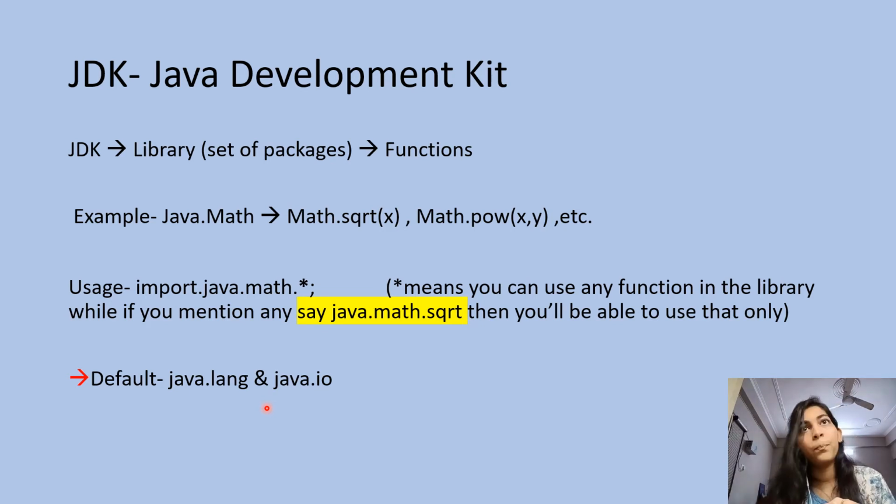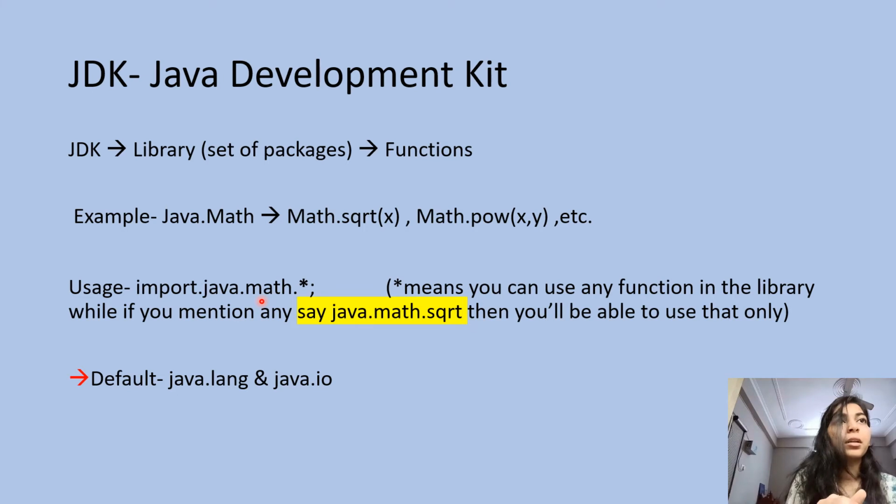And in order to be able to use all the functions, you will have to write the command import java.math.* with a semicolon. So the basic syntax being import, dot, the library name, which is java.math.* and a semicolon, right?